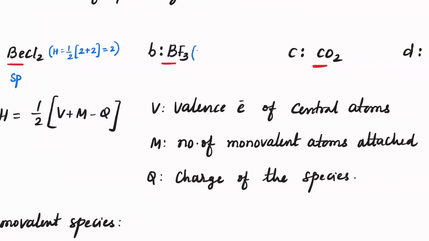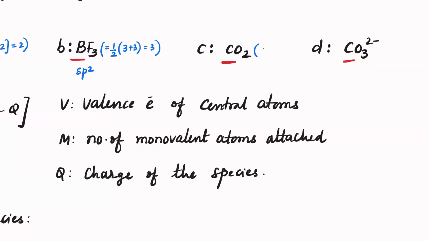Similarly here, steric number is half of, okay, boron is 3 plus 3, so that makes it 3, which is sp2 hybridized. Carbon dioxide, we have half of, carbon has 4 valence electrons plus 0 monovalent. There is no monovalent. Oxygen is divalent. So that makes it only 2. So 2 means it is sp.